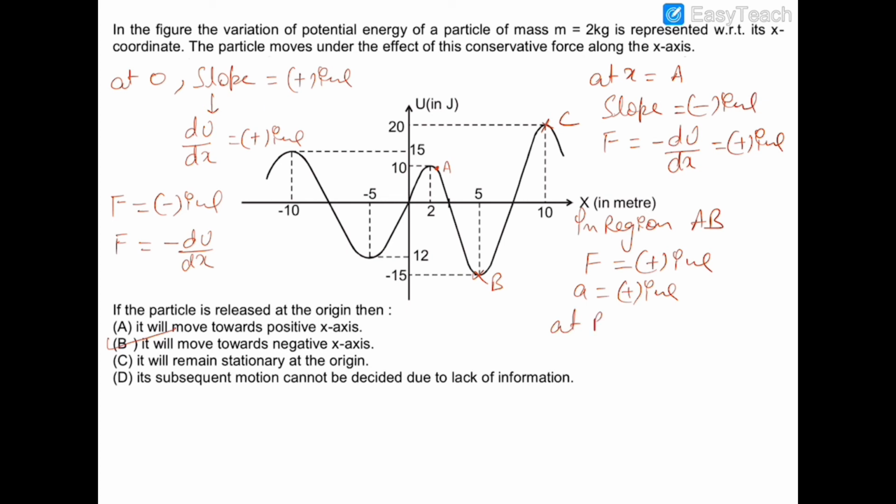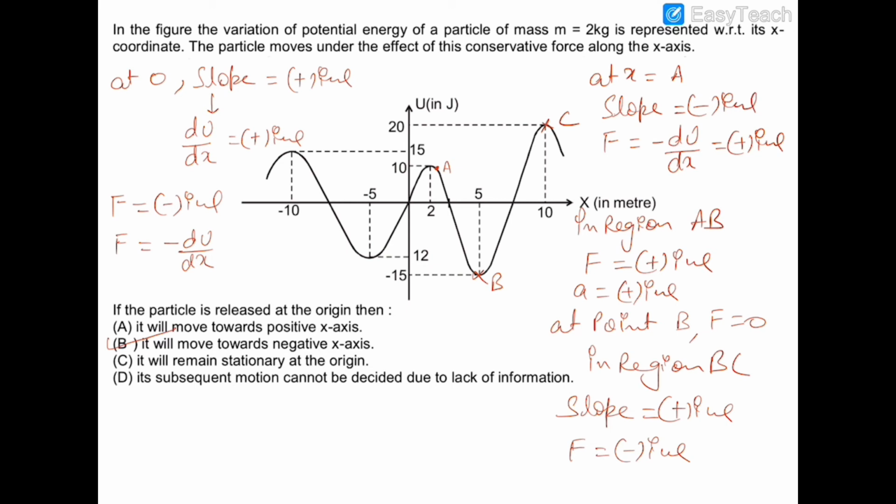Now at point B, the force acting on this particle will become zero, and till point B the particle has been accelerated, but beyond point B in region BC, the slope of the graph is positive, and hence the force acting on the particle will be negative, which means that starting from A to point B, the particle will accelerate, but beyond this point B the particle will be in a retarded motion.